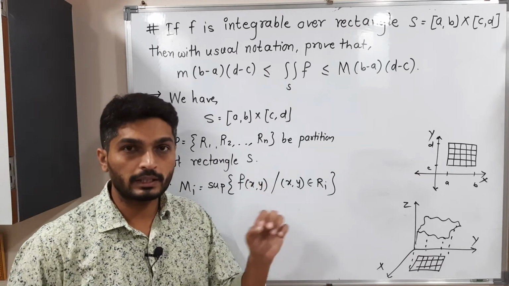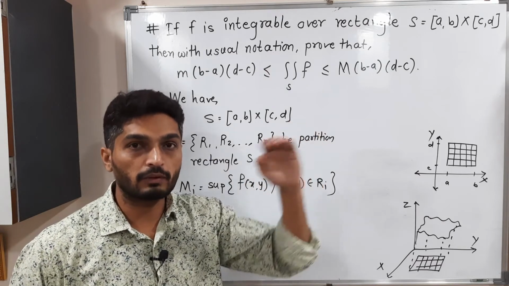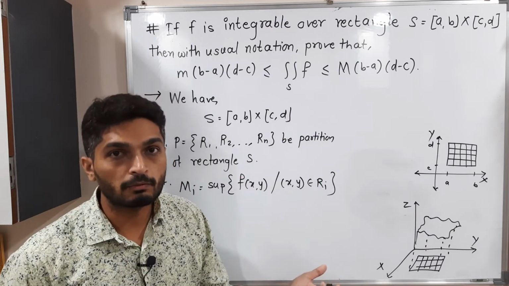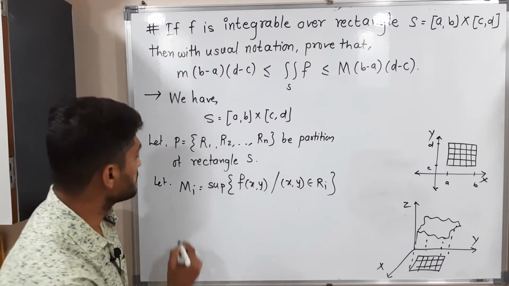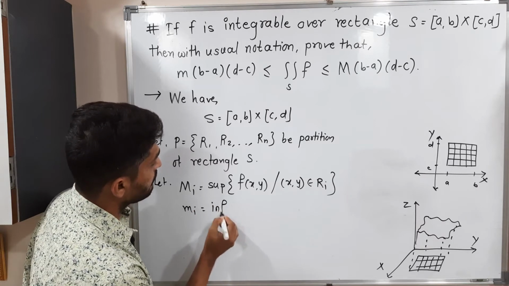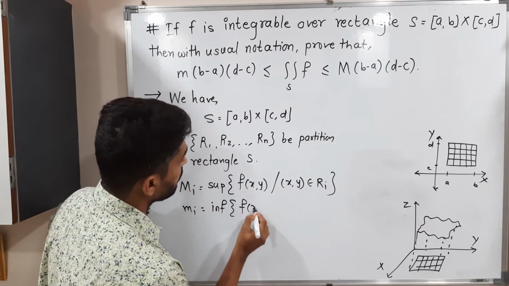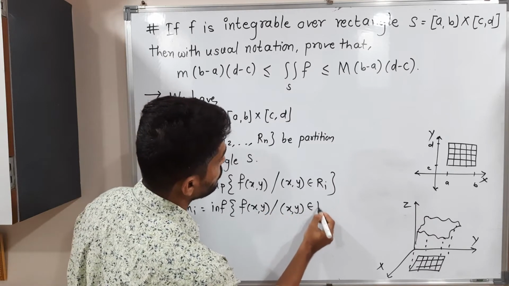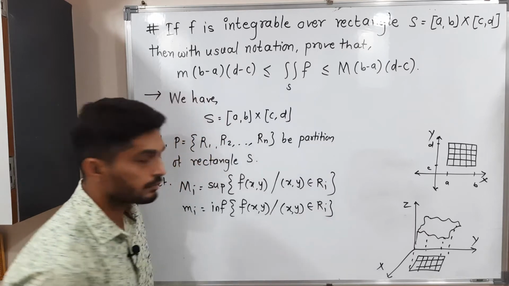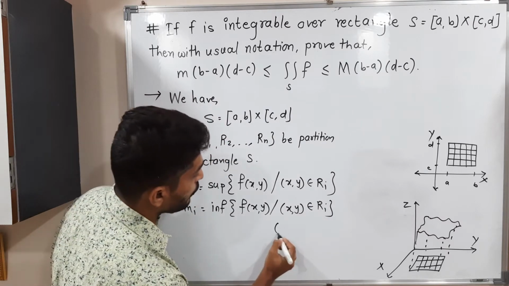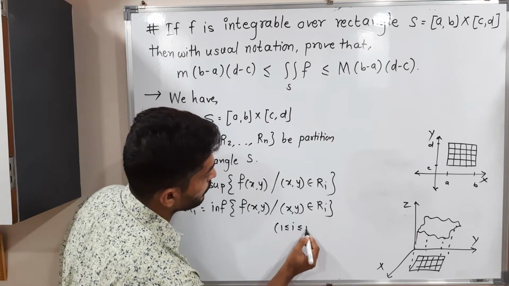Over rectangle R1 the maximum value will be M1, over R2 it will be M2, and so on. Similarly, the function will have a minimum value also, the infimum of f(x,y) where (x,y) belongs to Ri. This is true for all i running from 1 to n.